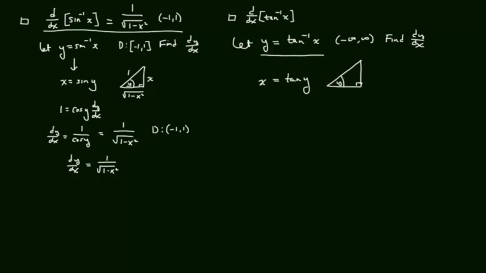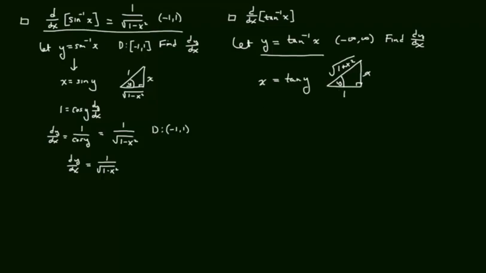There's my angle y. And the tangent of this angle y is x over 1, as I have just corrected here. The tangent is opposite over adjacent, x over 1, which leads the corresponding missing side to be radical 1 plus x squared.